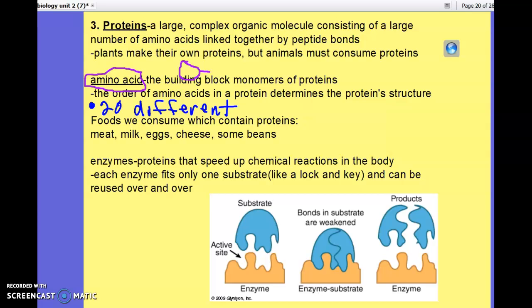So in our bodies, our muscle tissues are predominantly protein. Our hair is protein. Our skin has proteins in it. Our fingernails are a type of protein, but they're very different, right? And so the order that these amino acids are put together ultimately determines that final shape of the protein.